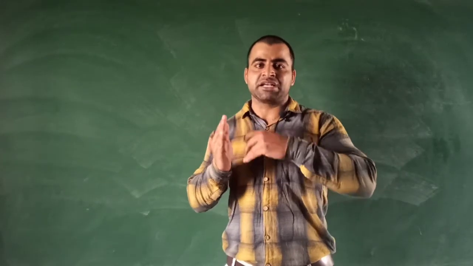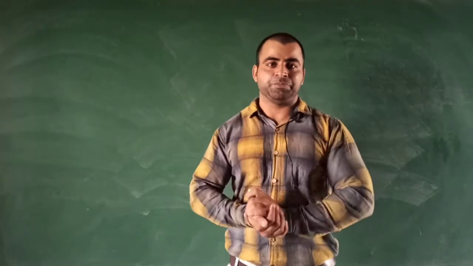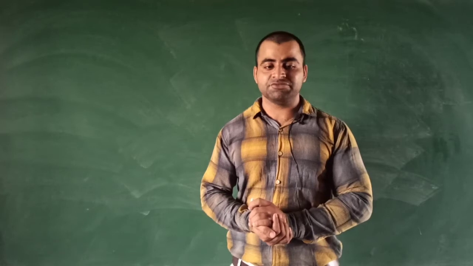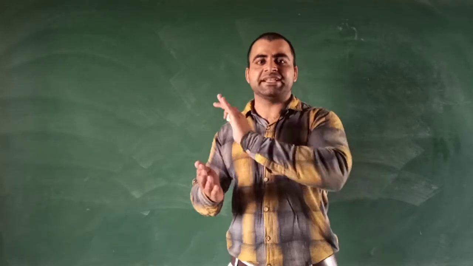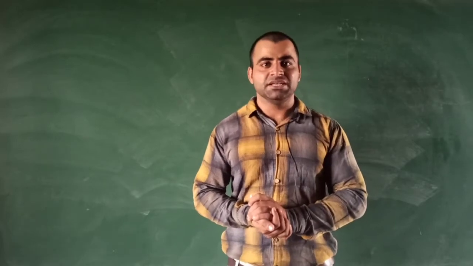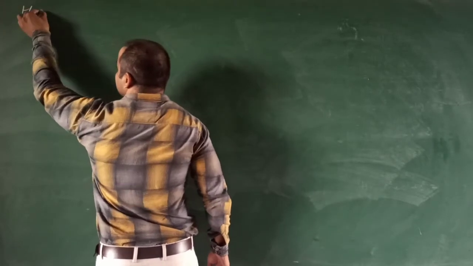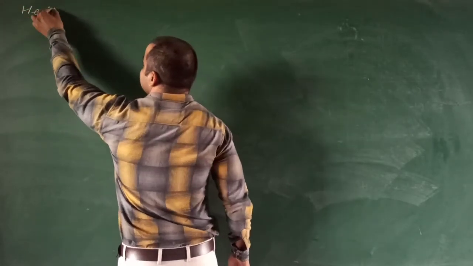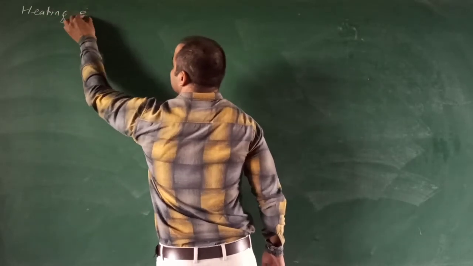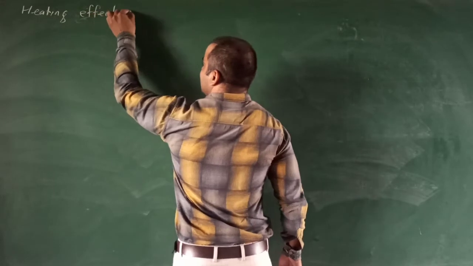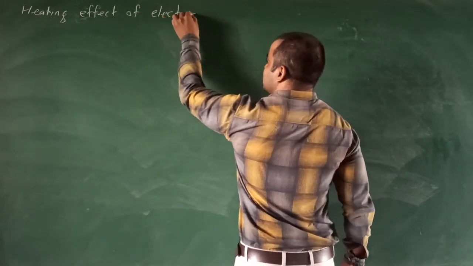The more the current, the more the heat. The longer the component is working, the more the heat. The more the resistance, the more the heat. So we are discussing the heating effect of electric current.